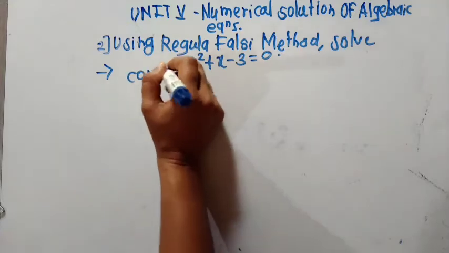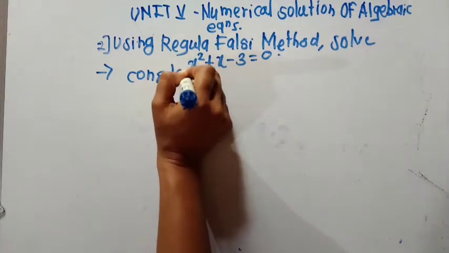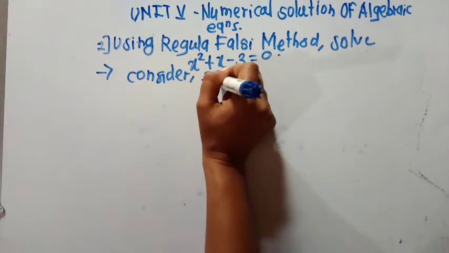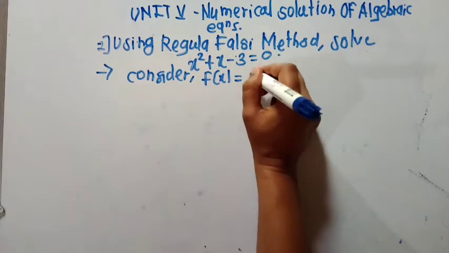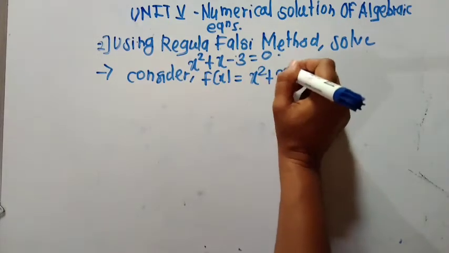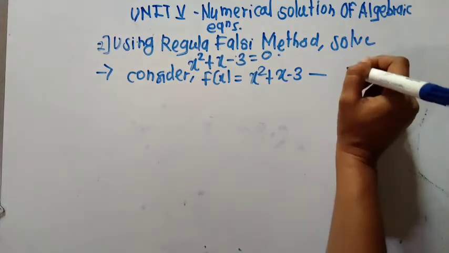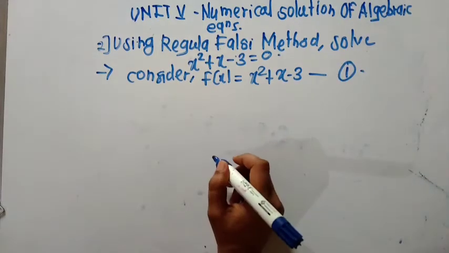So first consider f of x is equal to x squared plus x minus 3. It is the first equation.